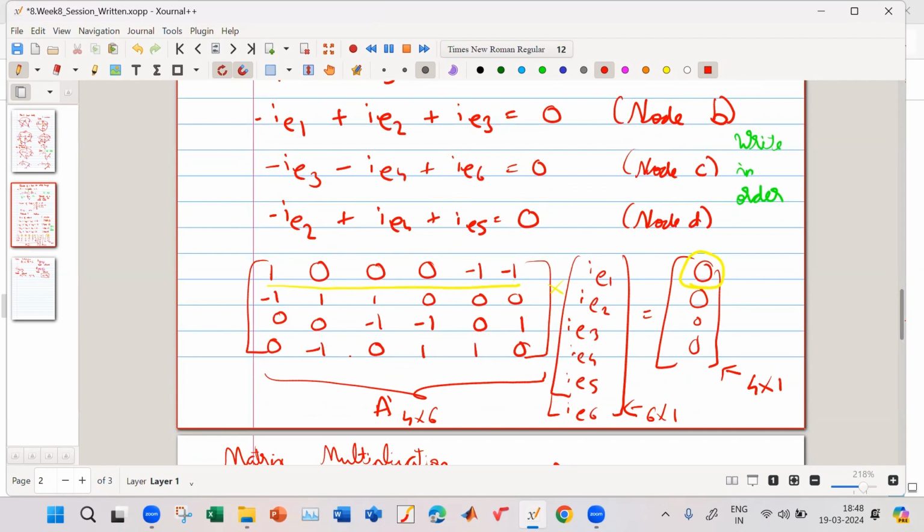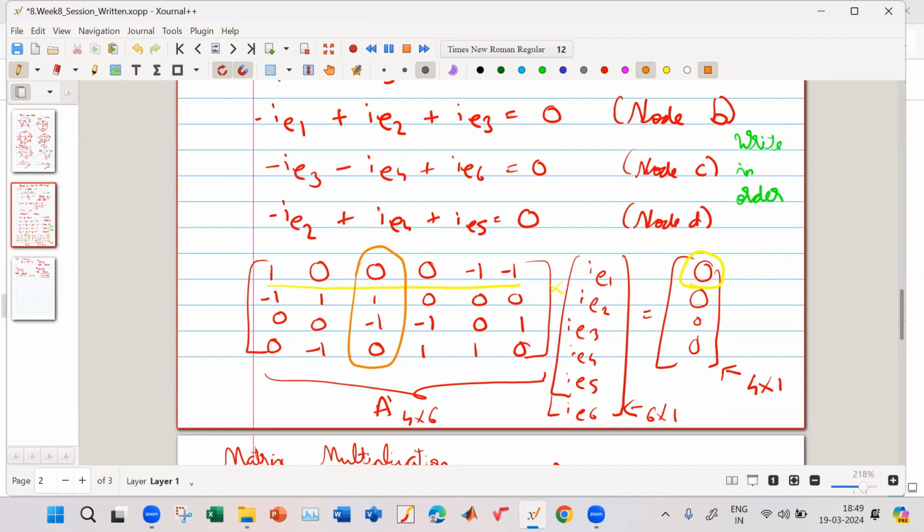Then, can you tell me for one particular column, what is the sum of the elements of this column? 0. For the other columns, how much is the sum? 0. Okay. So we know that the sum of the elements of the columns is 0.